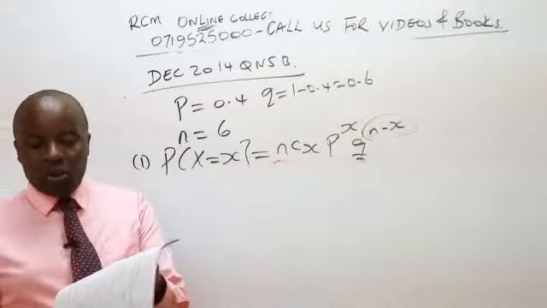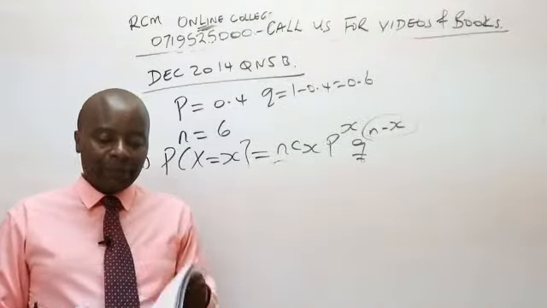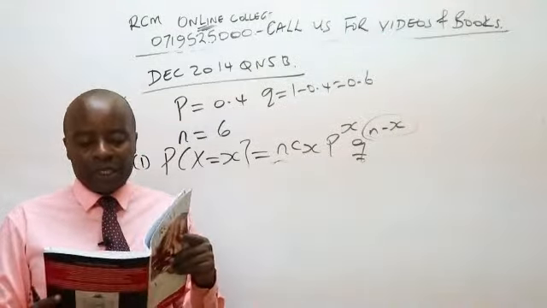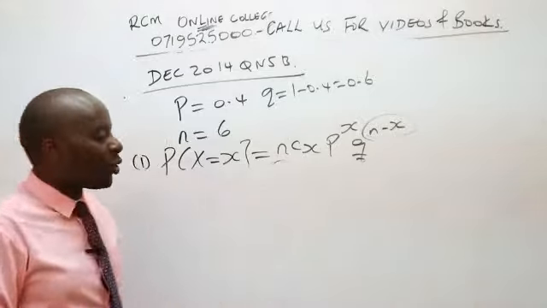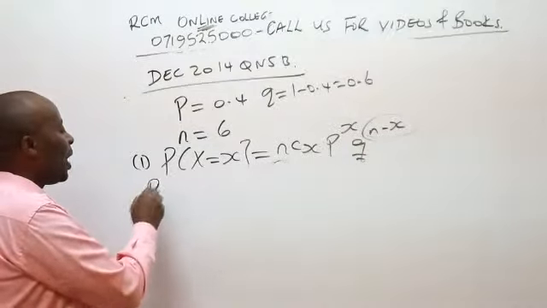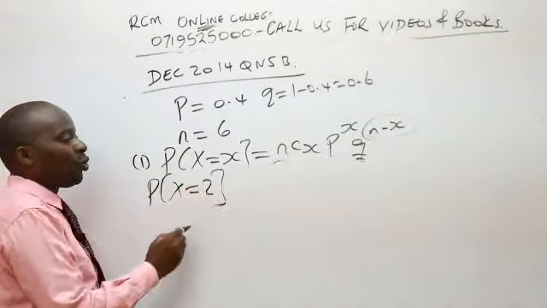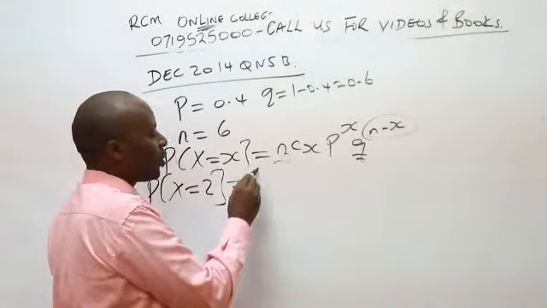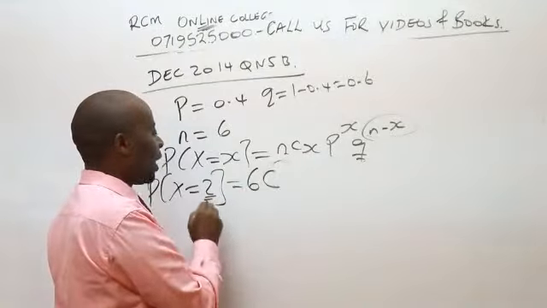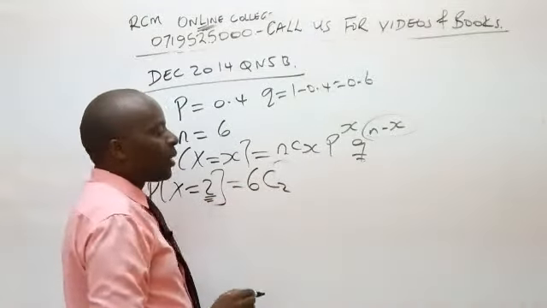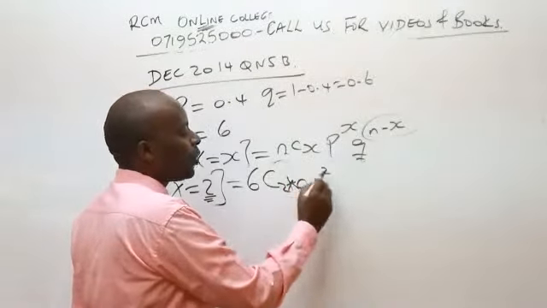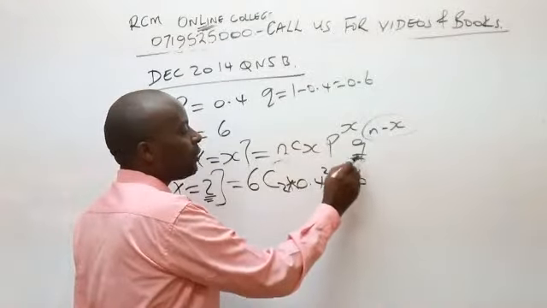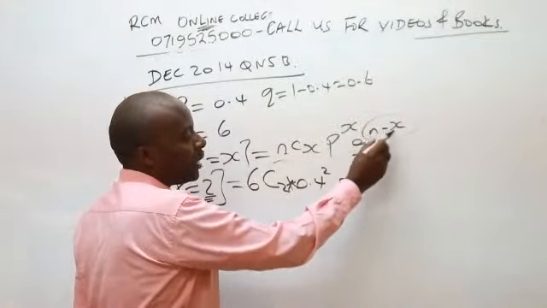Now we go to the second question, still under December 2014. Exactly 2 households were affected. So probability of X being equal to 2. N still stands, 6 combinations X, where X is 2. P, which is 0.4, raised to X, which is 2. 0.6, which is my Q, raised to the balancing power.